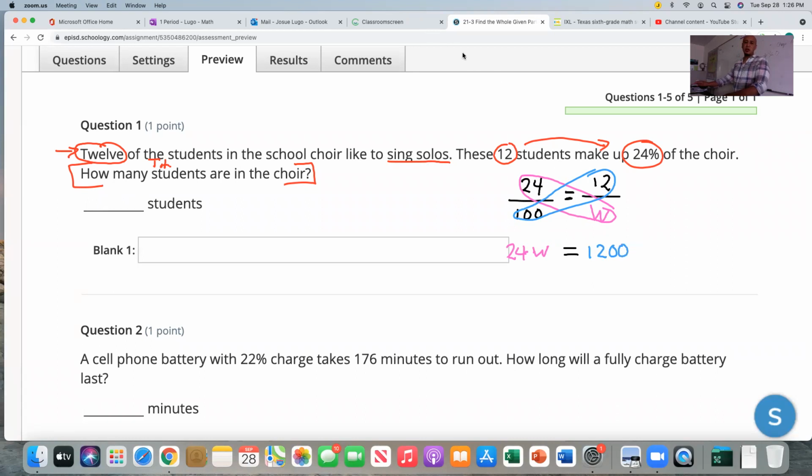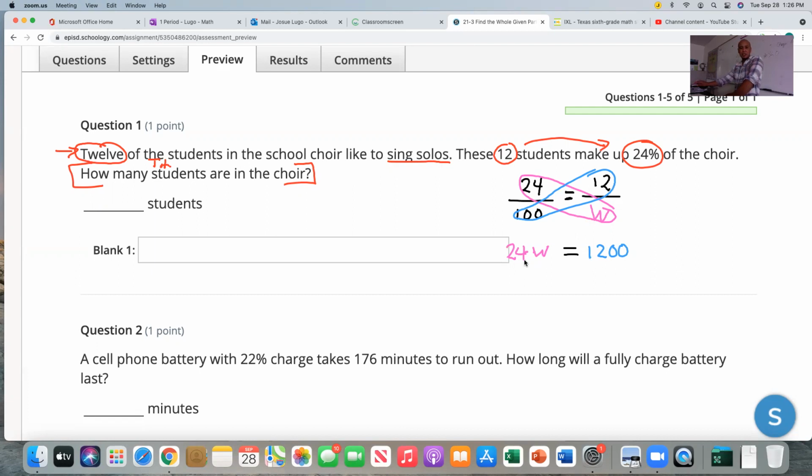Please remember that when you're multiplying by 100, a shortcut is to add the 2 zeros. What I'm actually doing when I multiply something by 100 is that I'm taking the decimal, 12 does have a decimal right there, and I'm moving it to the right twice. That's why it looks like I'm just putting 2 extra zeros on that. So hence 12, when I multiply by 100, becomes 1,200.